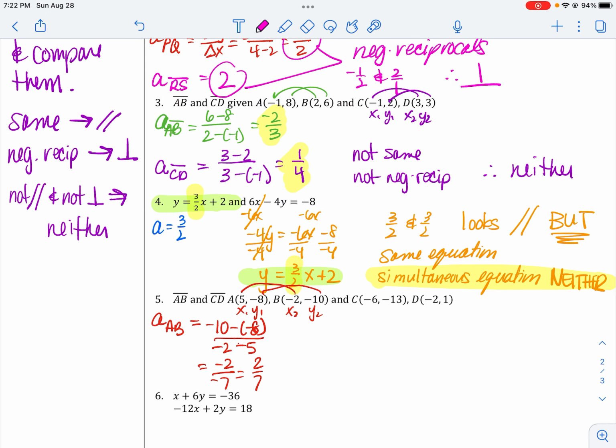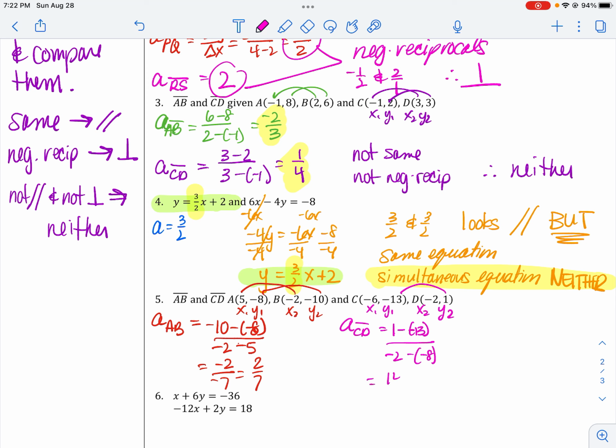So then we look at the second slope, the slope of line CD. This is x1, y1, x2, y2. When I subtract, that's 1 minus a -13, over -2 minus a -6.